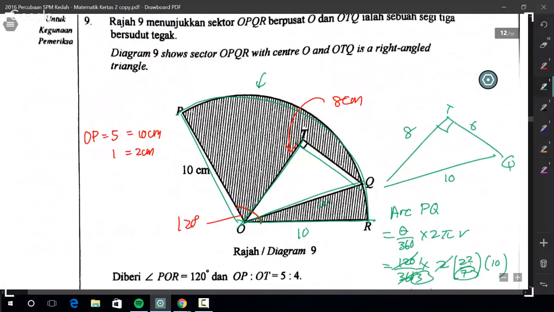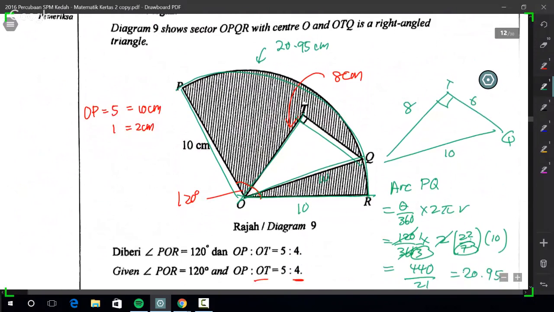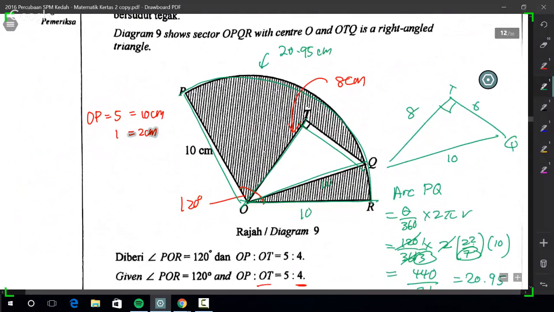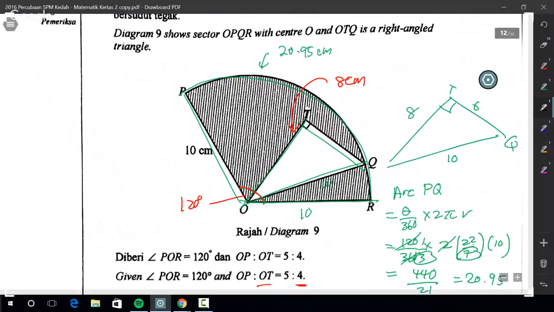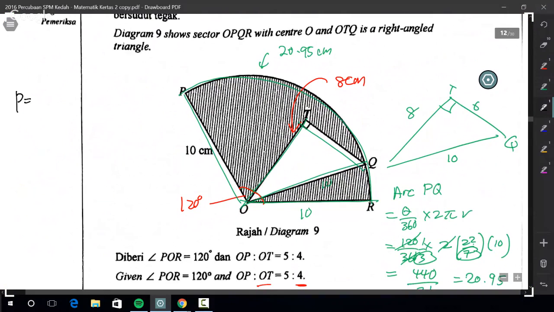Now we have this arc length as 20.95. I want to get the perimeter, so basically I add every single one. Let me get the perimeter real quick here. The perimeter equals the arc length PQ, 20.95, plus double of 10, which is 20, and then plus the perimeter of the triangle, which is 8 plus 6 plus 10.